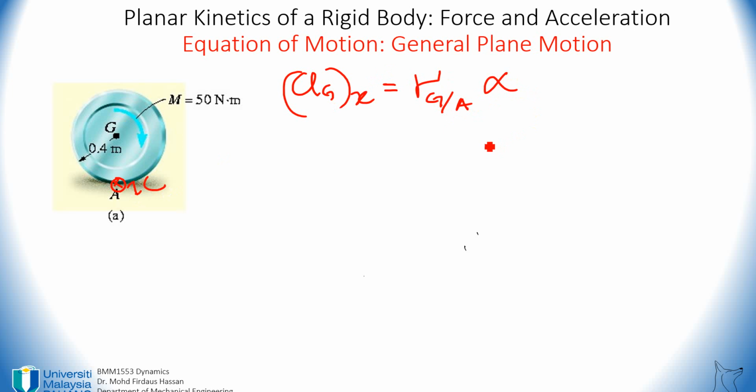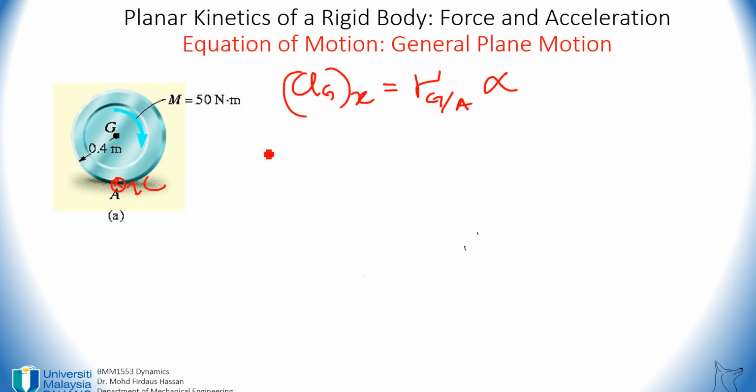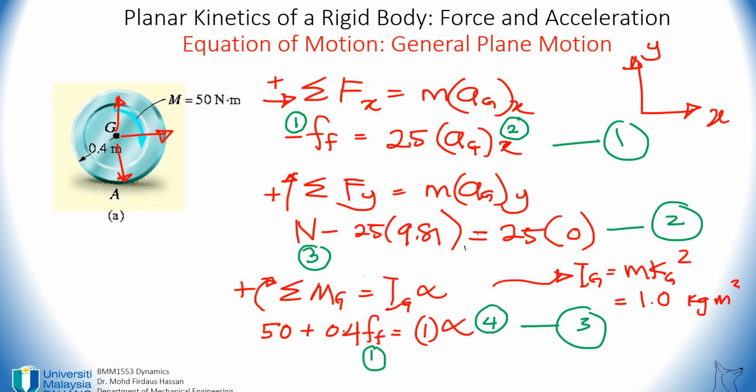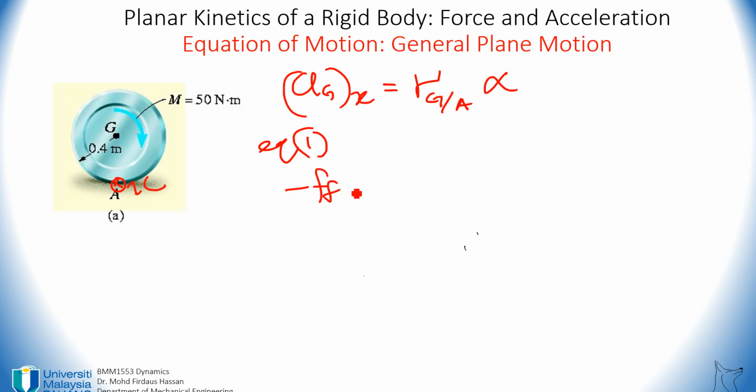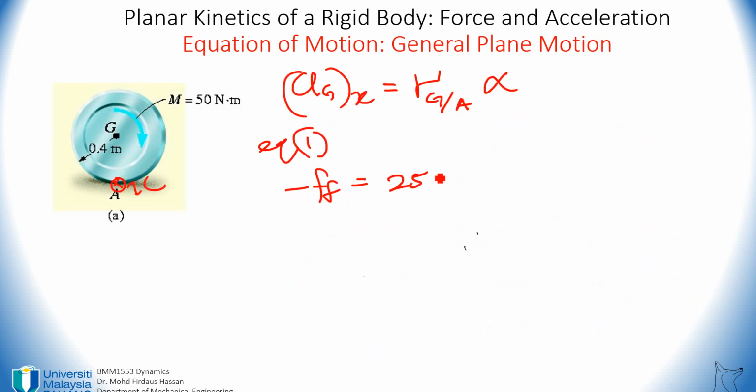So equation 1 changes to negative FF equal to 25 times 0.4 times alpha.